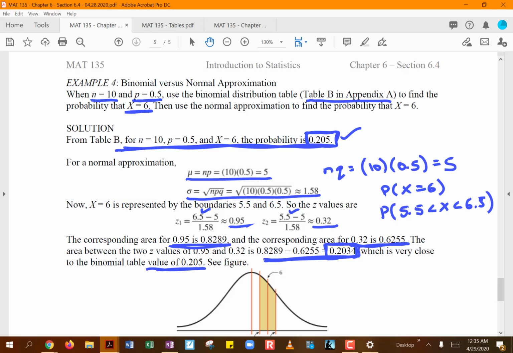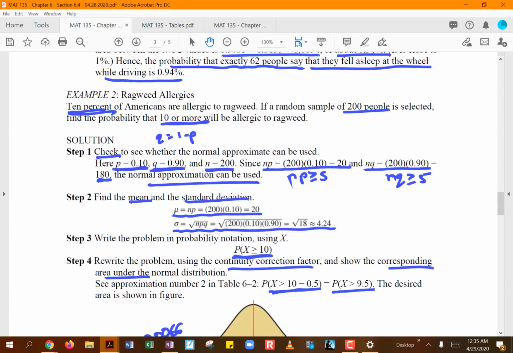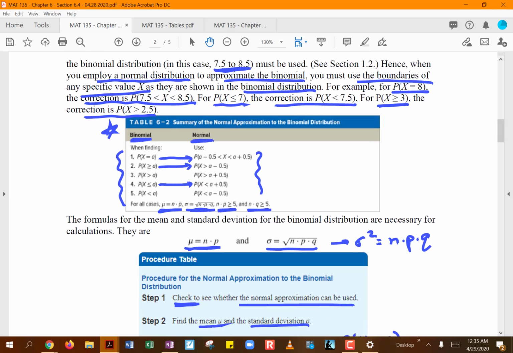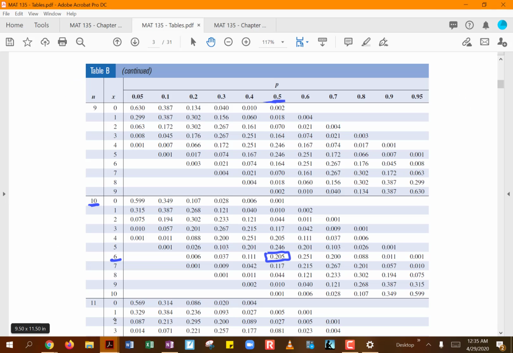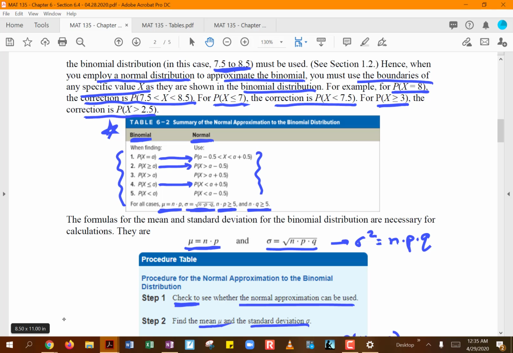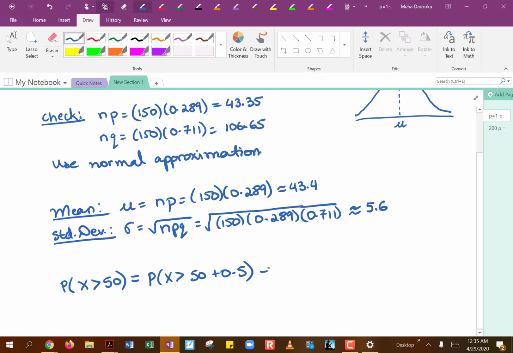This is just p greater than 50, so you add 0.5 for our correction factor, so that's x greater than 50 plus 0.5, and you are looking at case number 3 over here. Case number 3 is what we're using. And this comes out to be the probability of x being greater than 50.5.